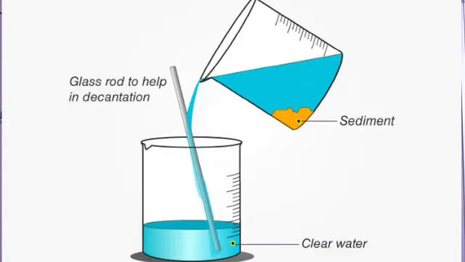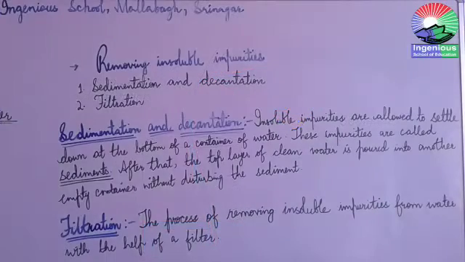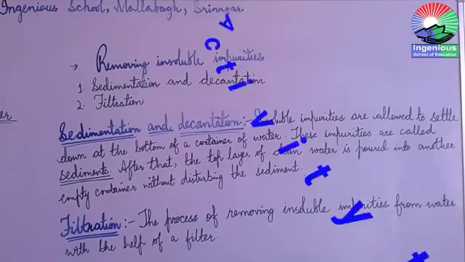The top layer of clean water that is present above the sediment is gently poured into another empty container. This process is known as decantation. In this way, the insoluble impurities are removed from the water and we get a layer of clean water.